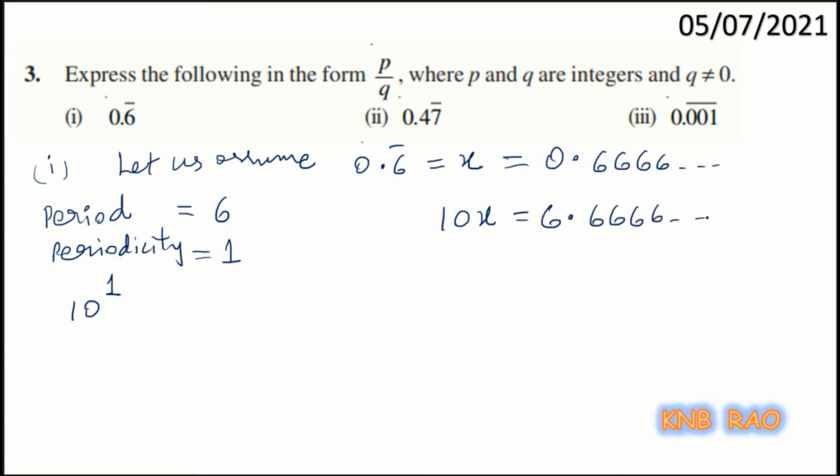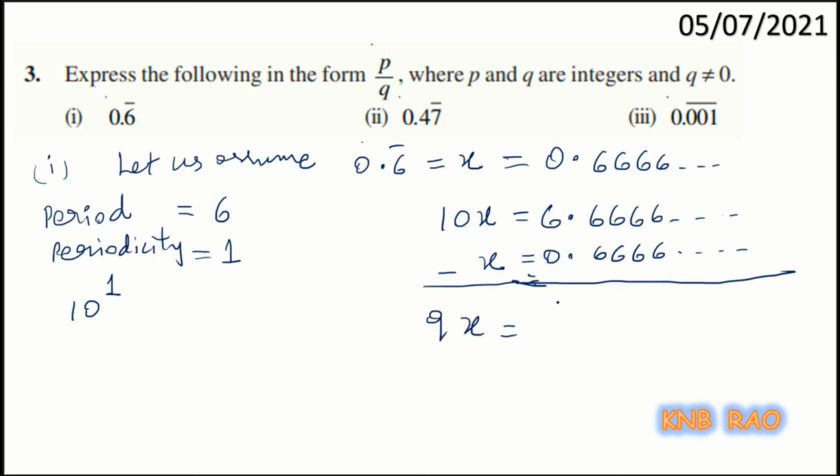So, 6.666 and so on, and from this I have to subtract the x value by placing 0.666 and so on, decimal point under decimal point and place values under place values. Now I got 10x minus x is 9x equal to, these decimal portions will get cancelled, I got 6 minus 0 as 6.